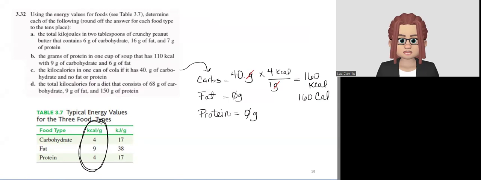Since my values of fat and proteins equal 0, if I multiply it by any number, it's going to equal 0 overall. So for this food product specifically, only the carbs is what's contributing calories to the food product. You can also try calculations by completing letters A, B, or D in problem 3.32.